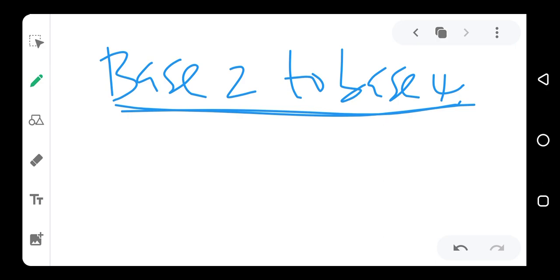So base 10 is always acting as the fulcrum or the pivotal point. Anything you want to convert must always come back to base 10.